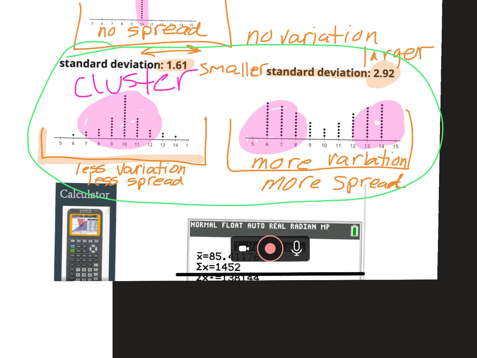That means that this one is going to have less variation because it's less spread out. And how this example from class is more spread out on either side, which means it has more variation and more spread. So more variation means that your standard deviation is going to be higher.